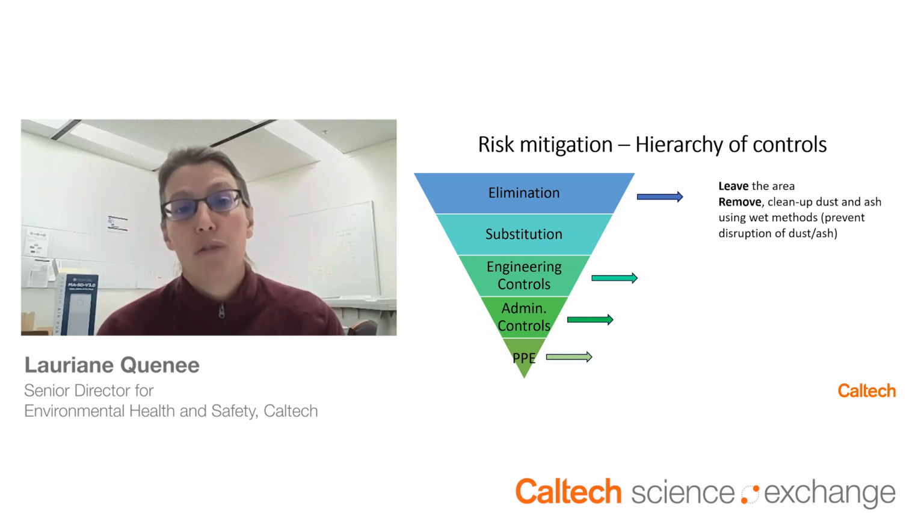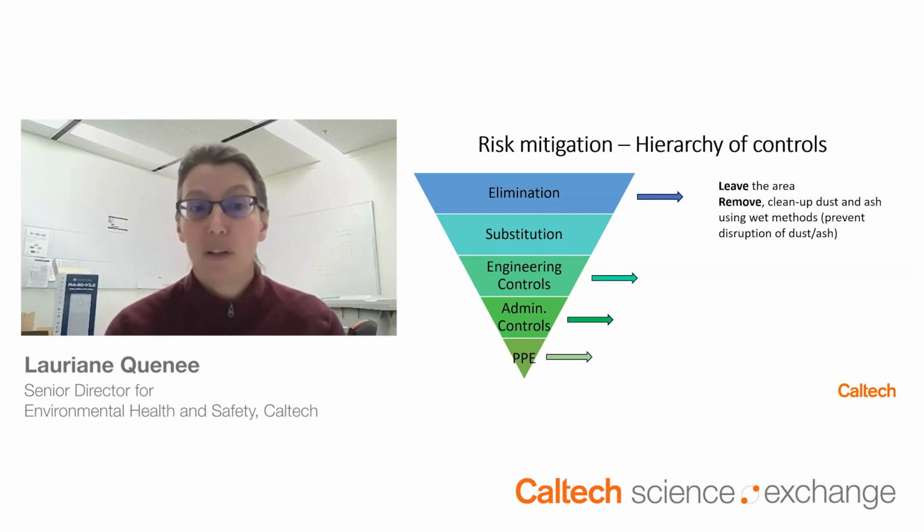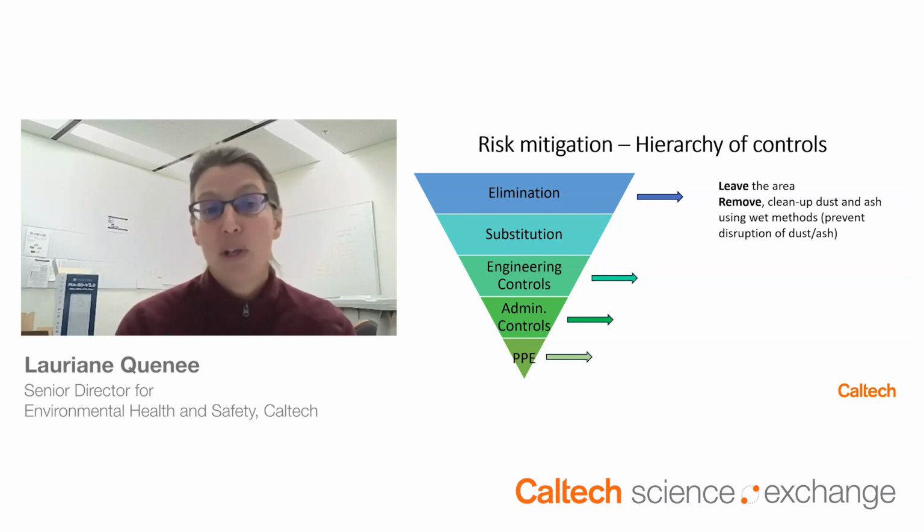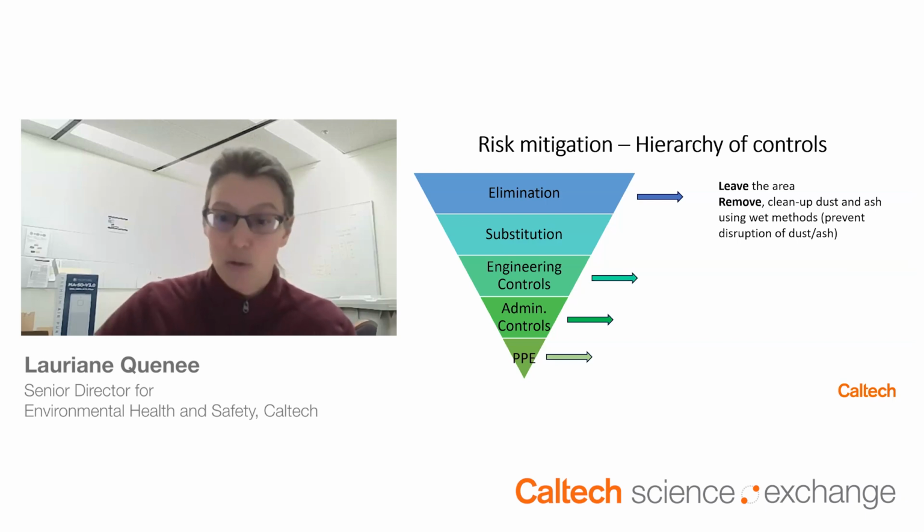The second layer of the hierarchy of control for risk mitigation is substitution. In the case of the fire, there was nothing that we could substitute. So we go directly to the next layer, which is engineering control. Engineering controls are the controls that rely on mechanical means to block, capture, or trap the hazards.